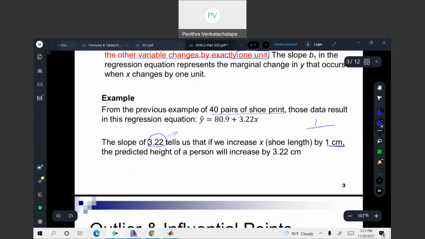So in this example, X was the shoe length, and Y was the height, right? Now, if you increase the shoe length by 1 centimeter, the Y will increase by 3.22 centimeter. So that's the meaning of slope.